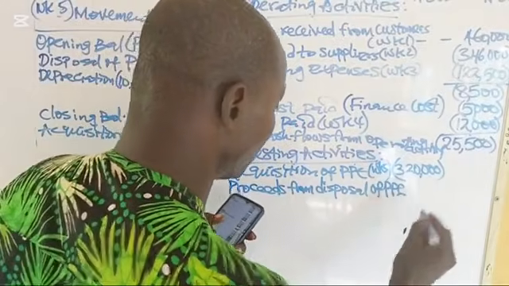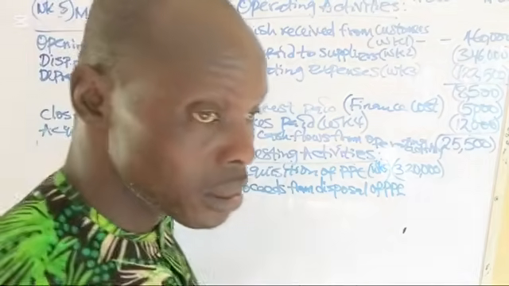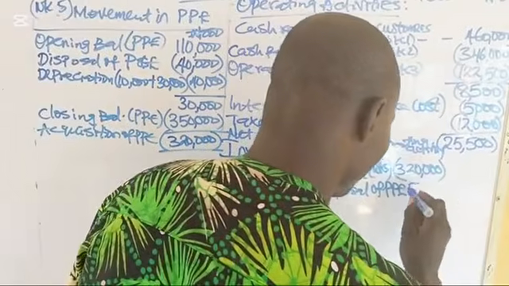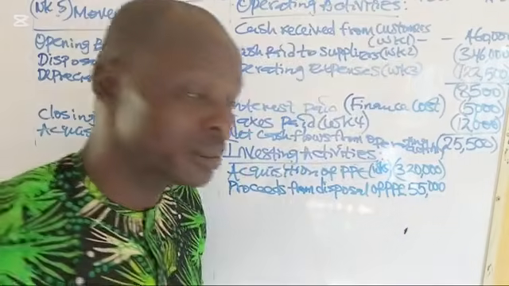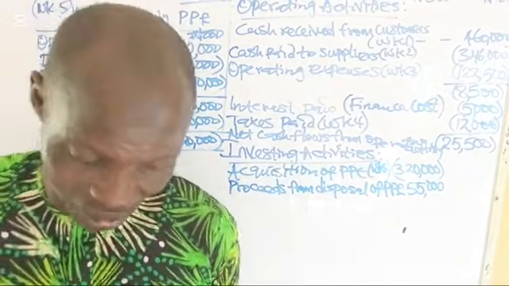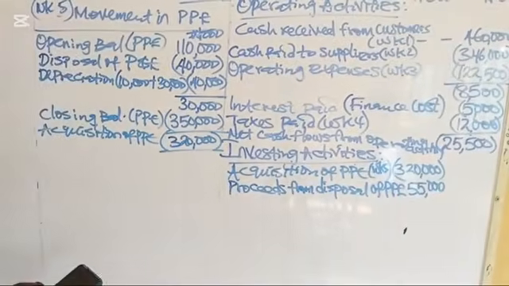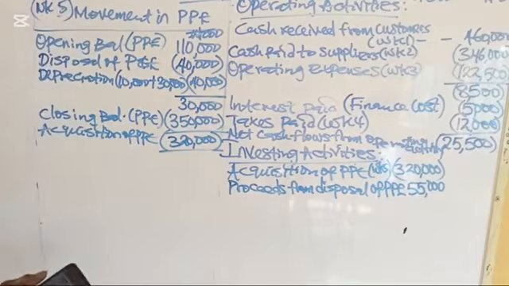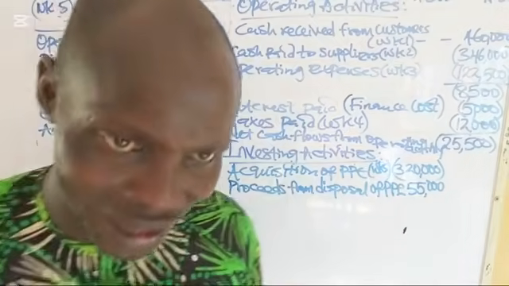How much is the proceeds? 55 million. Inflows or outflows? Inflows. Thank you.